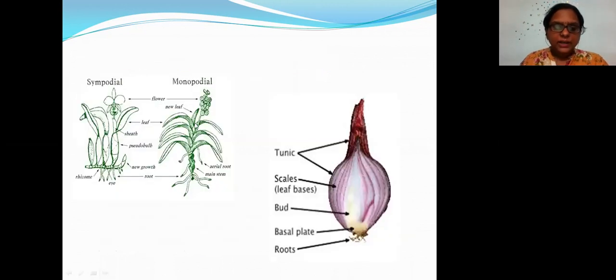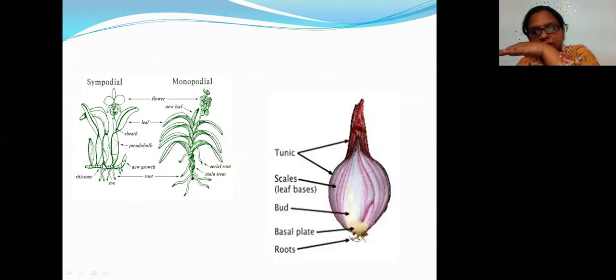I had the diagram also, so you can see here the sympodial and the monopodial. Today, just focus on the arrow marks, I mean the mouse arrow. Where I'm showing, these are all lateral buds. Lateral means the one which is horizontally growing.